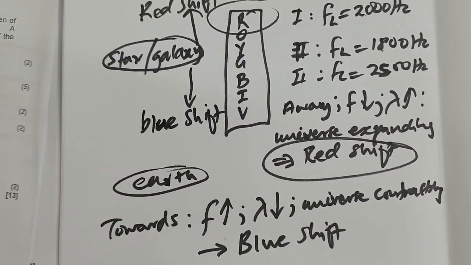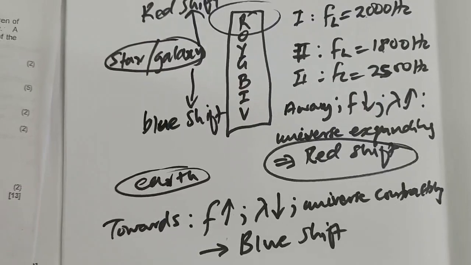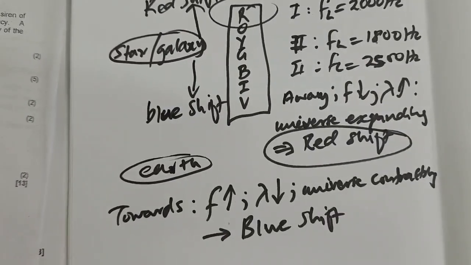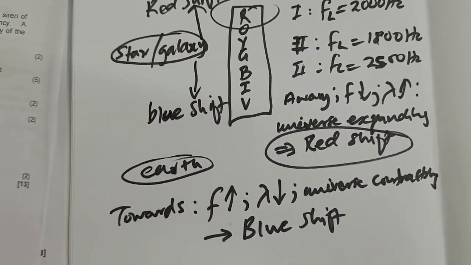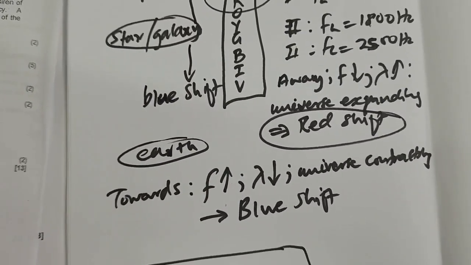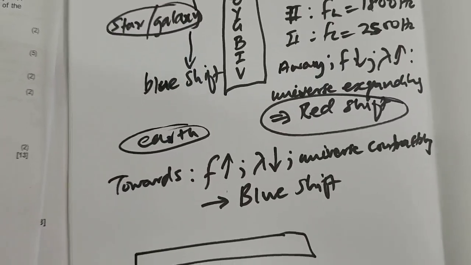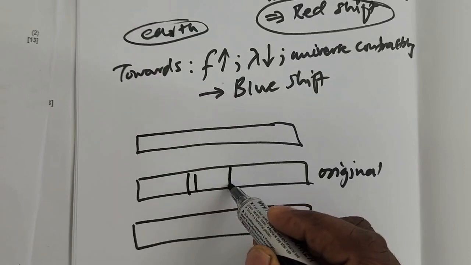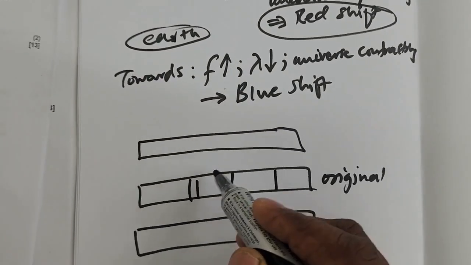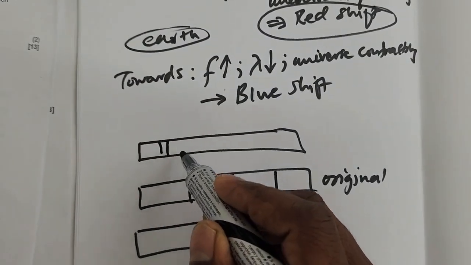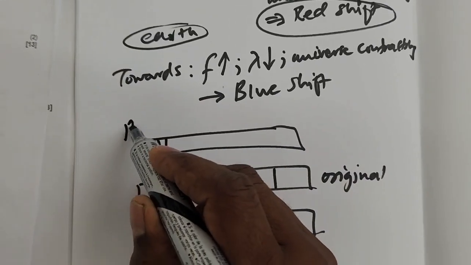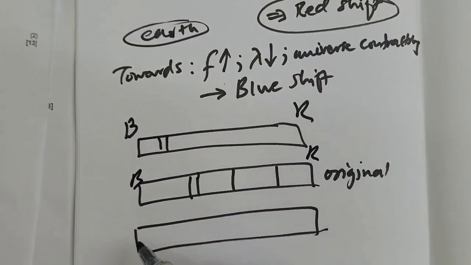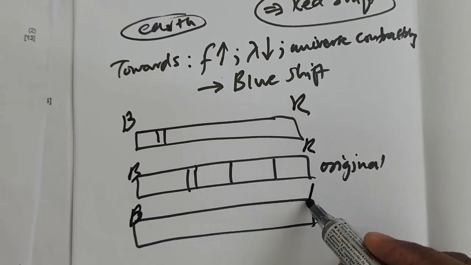Or they can just say, fine, we've got these three observations. Let's say this is the original, and then we have got these two lines, and this is blue, this is red, blue, red, blue, red.